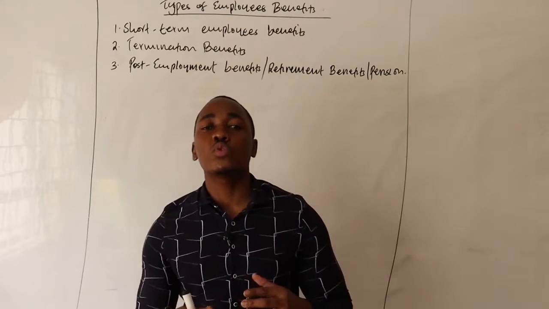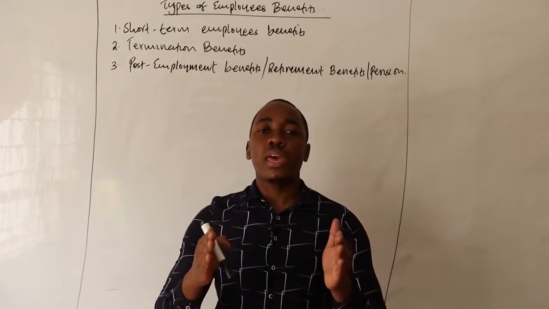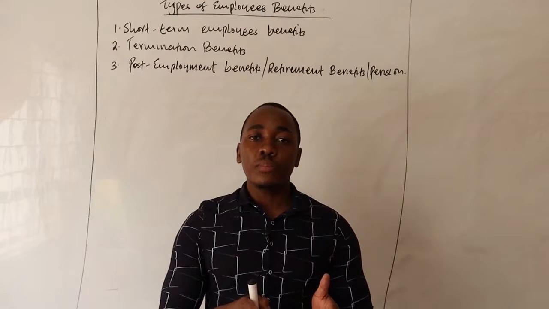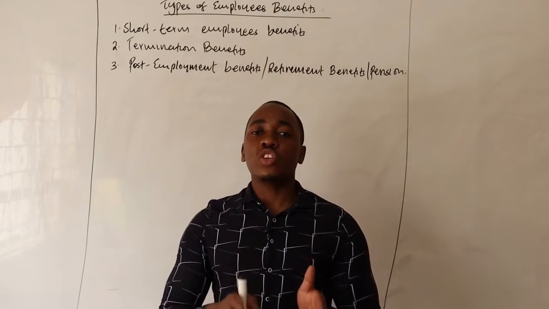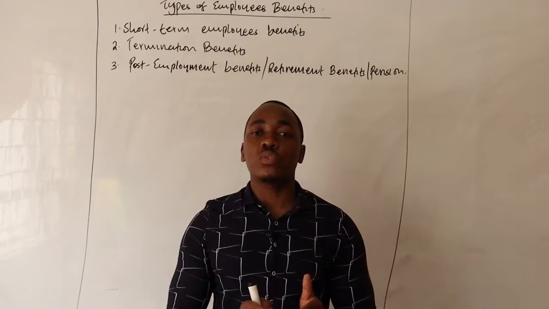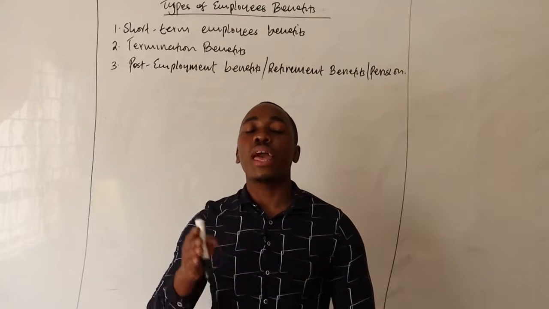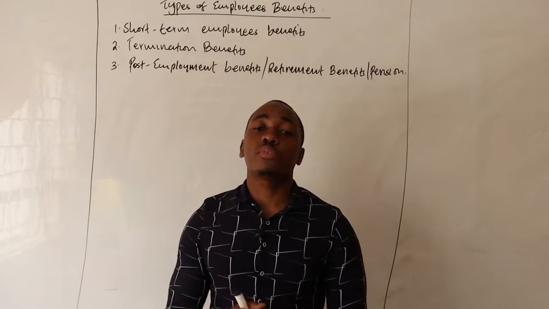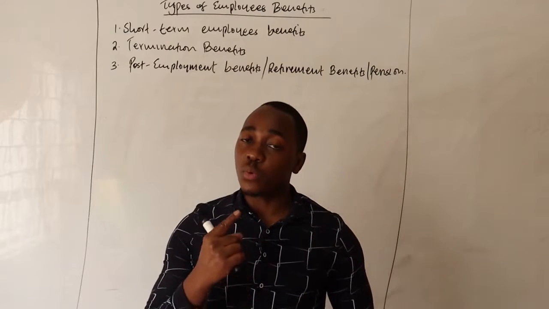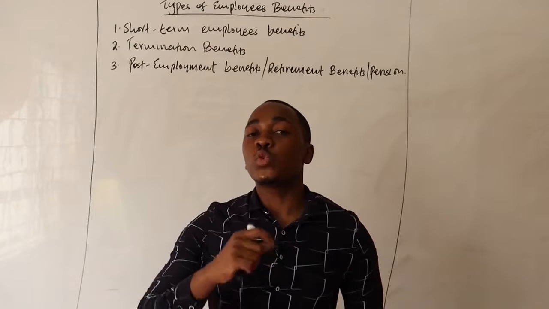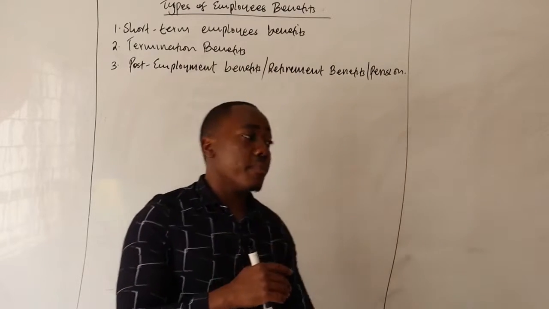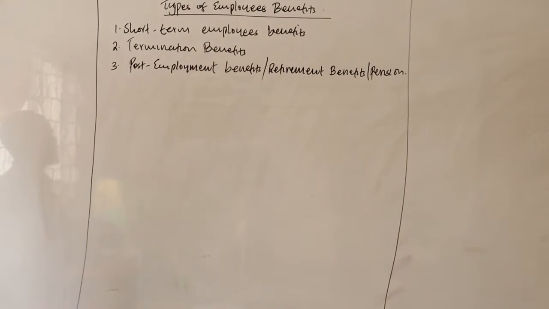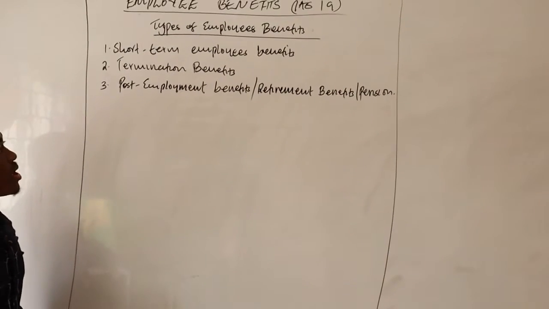Number one, we have short-term employee benefits. Number two, we have termination benefits. And number three, we have retirement or post-employment benefits. Those are the three major types of employee benefits. I start with number one, the short-term employee benefits.